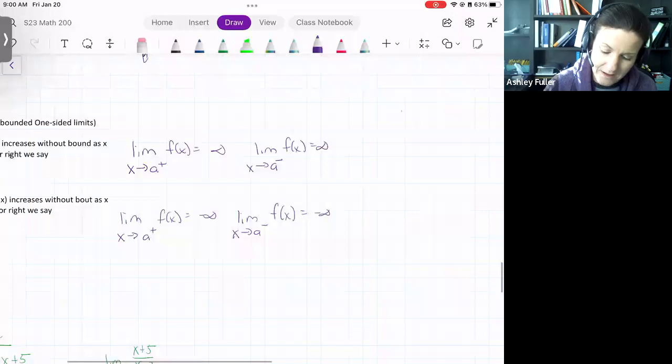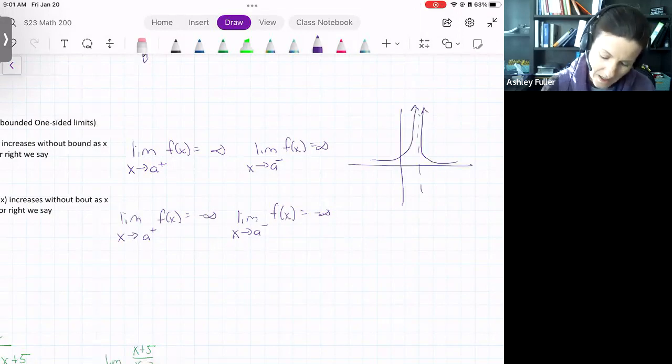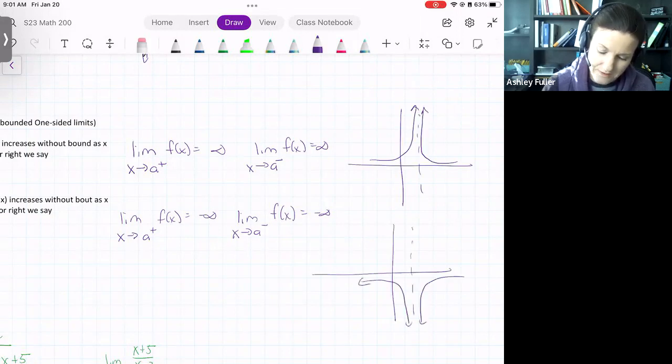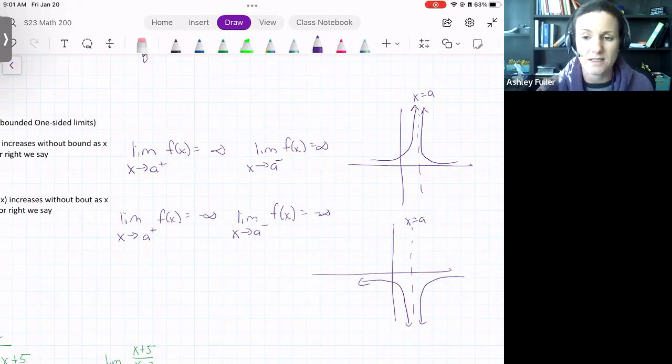And graphically, what you see there is you have some sort of asymptote, and it's approaching infinity both from the right and from the left. And if it's approaching negative infinity, then it's going to approach from both the left and the right. And notice this is the x value of a in both cases. Notice that in both cases, the limit doesn't exist, but rather it tells us the direction in which it is unbounded.